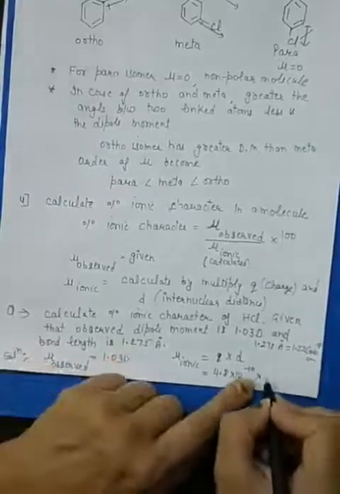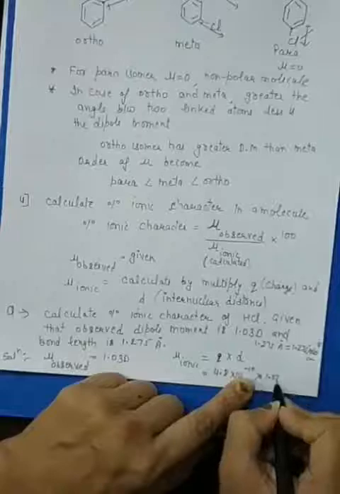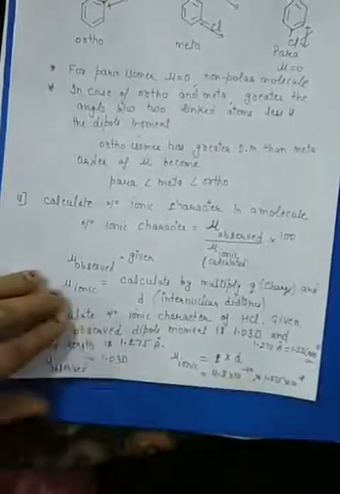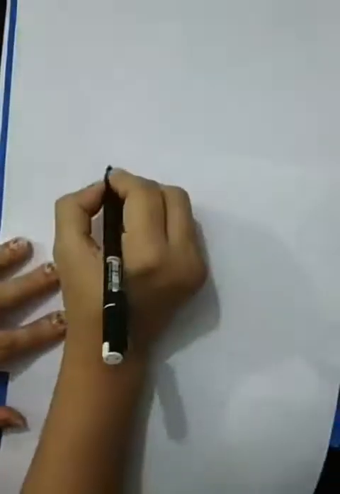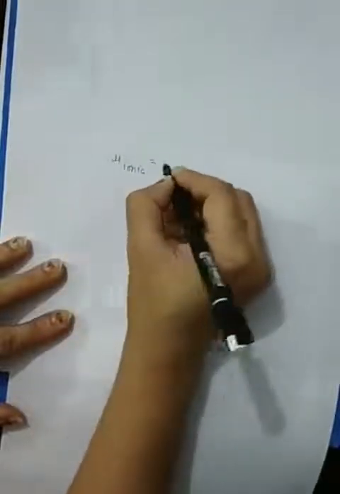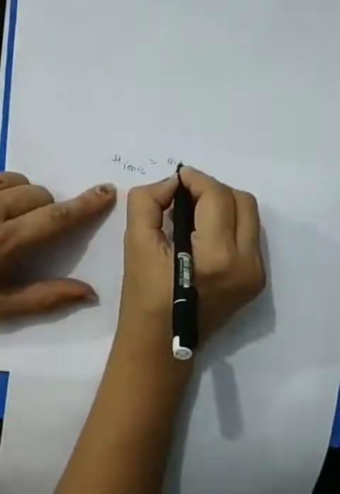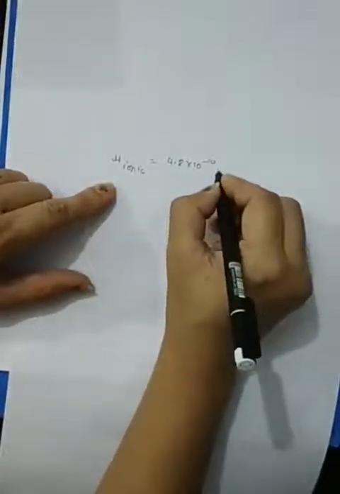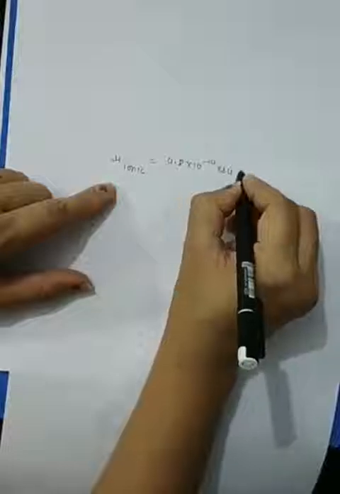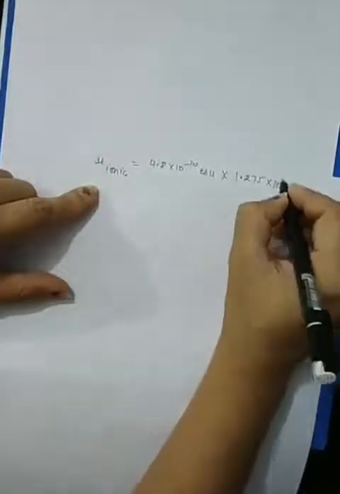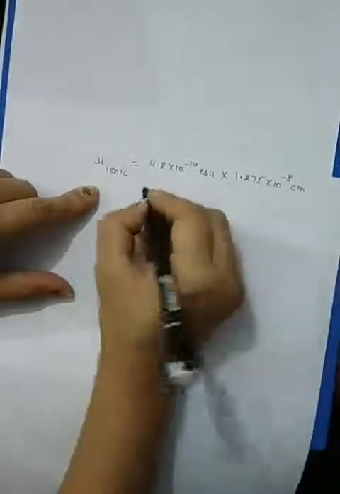So our mu ionic is equal to 4.8 into 10 raised to power minus 10 ESU multiplied by 1.275 into 10 raised to power minus 8 centimeter.